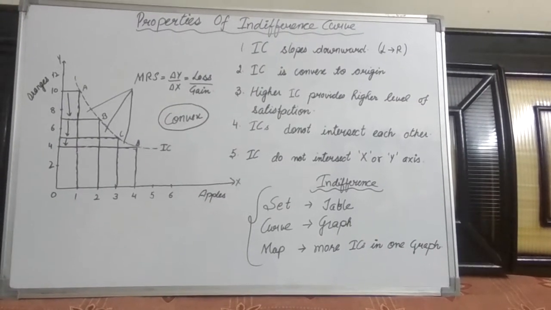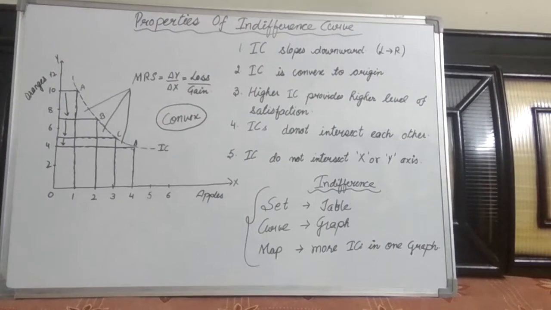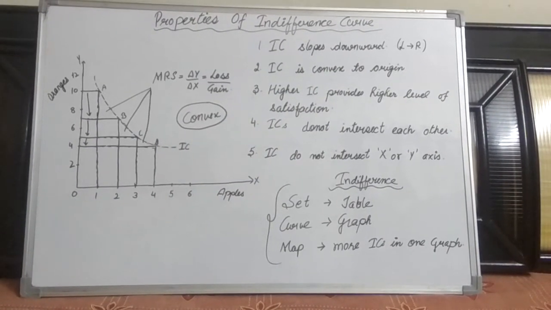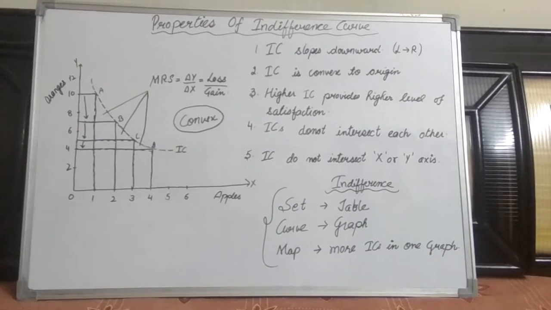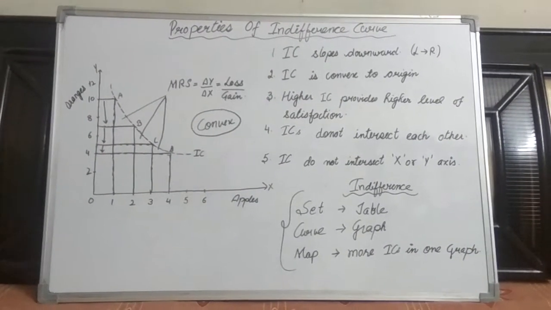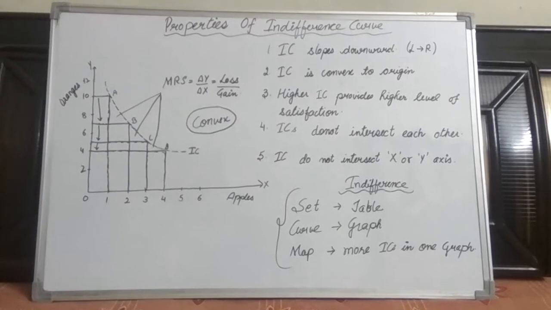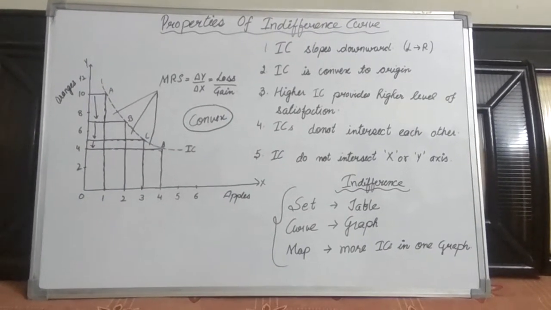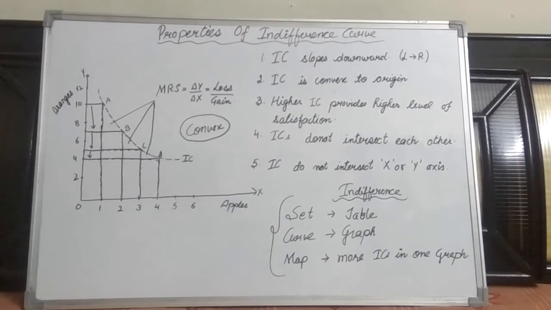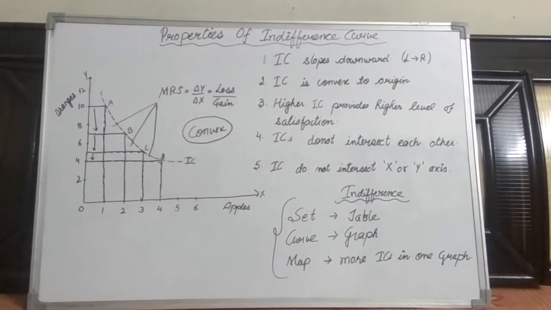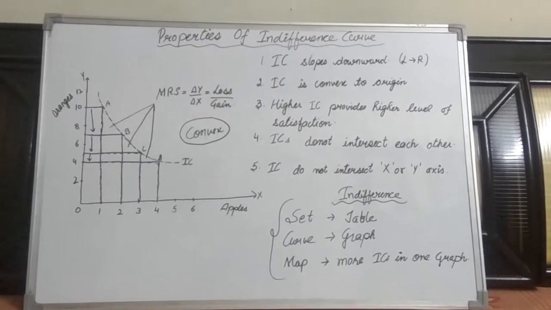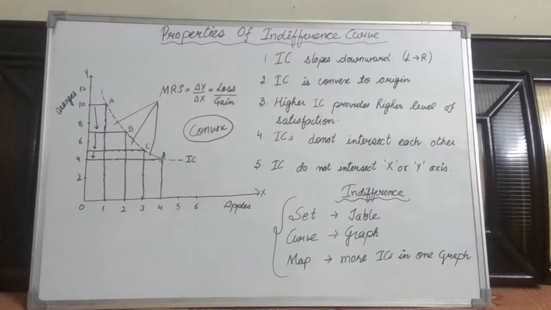The second property is that the IC is convex to the origin. The shape that we have received from the curve is convex due to the decreasing value of MRS. The triangular area from point A to B, B to C, and C to D is decreasing one after another.